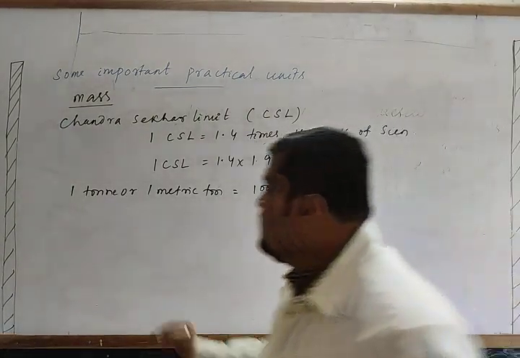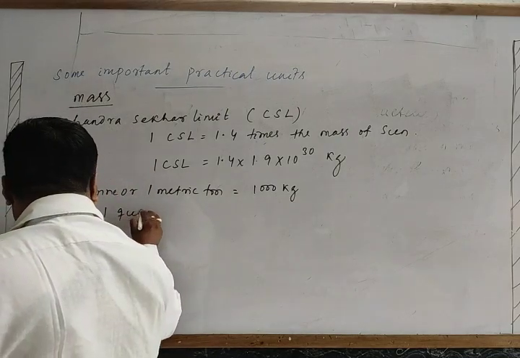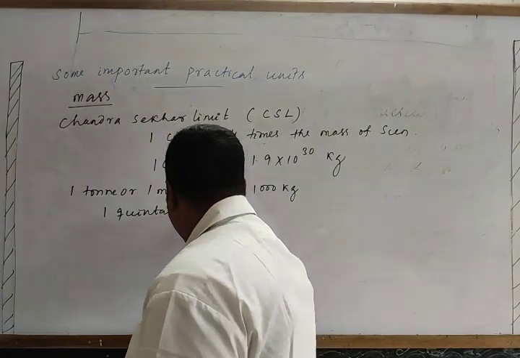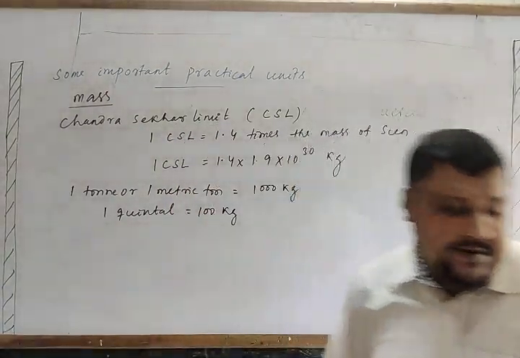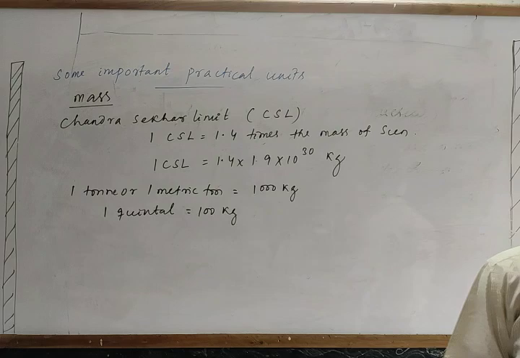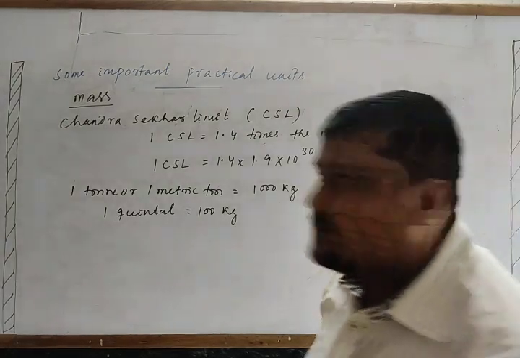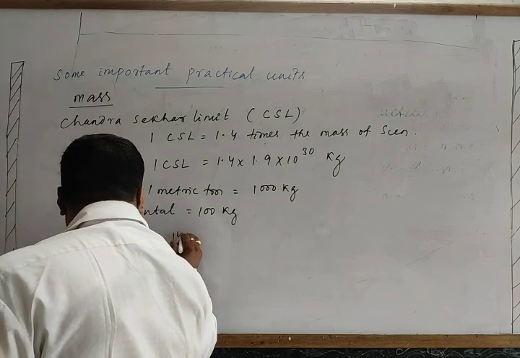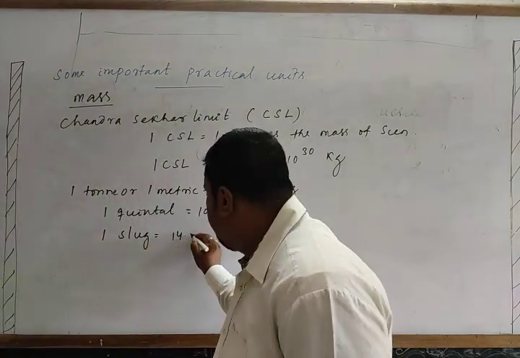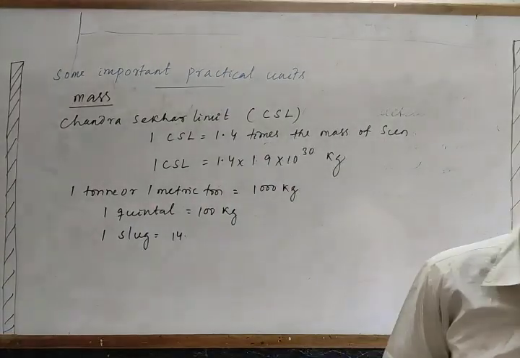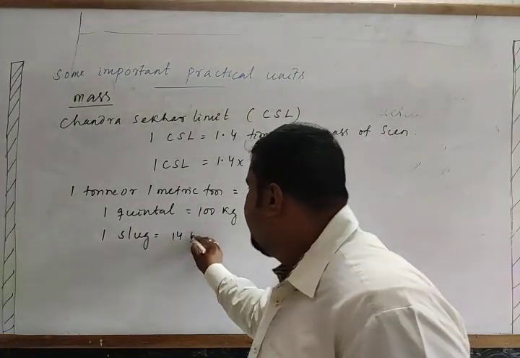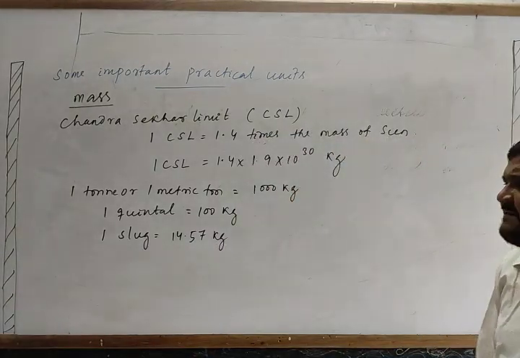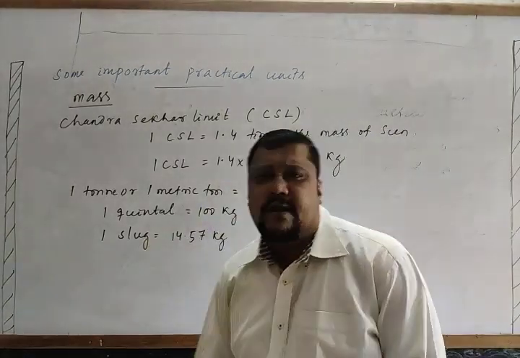Quintal: we are using 1 quintal as a practical unit for mass. 1 quintal is 100 kg. And remember one slab. 1 slab of mass is 14.57 kg, or 14.59 kg.